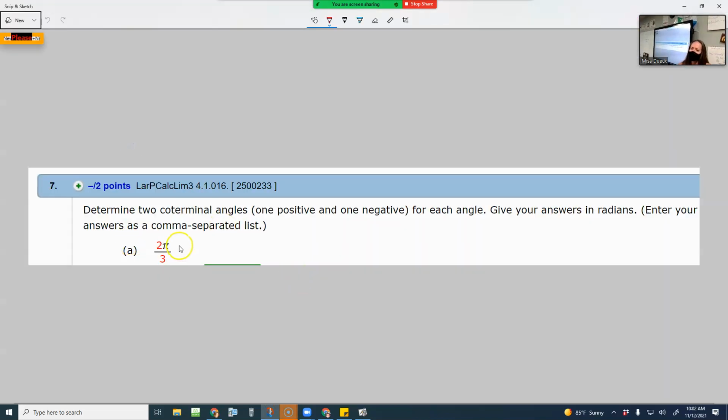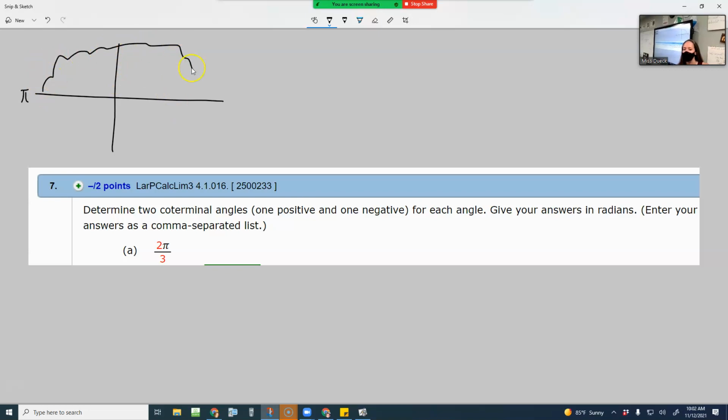So let's see what's going on with this one. This one is 2 pi over 3. Can you guys tell me what quadrant I'm in if it's 2 pi over 3? No, not quadrant 1. Because quadrant 1 has a half or less of a pi.